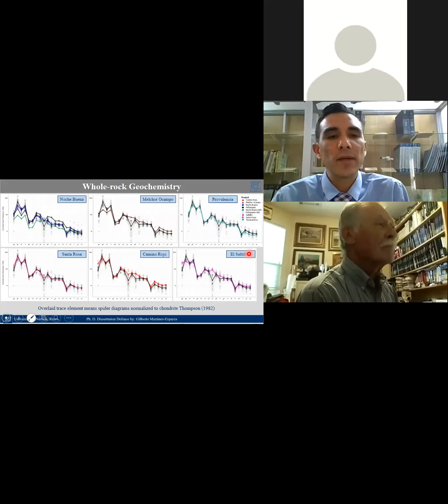The trace element spider diagrams show trends very similar among all the localities, with a characteristic negative anomaly in niobium and tantalum, characteristic of volcanic arc tectonic settings.